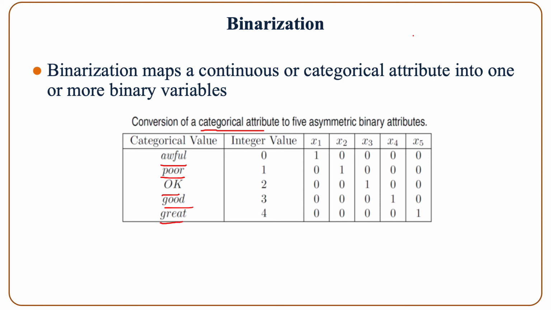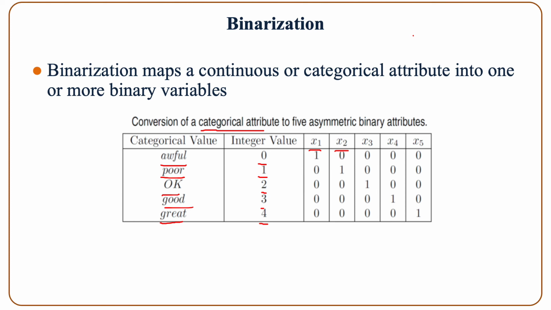We give each of them a value starting from 0, 1, 2, 3 up to 4, and then in one of each column from h1 to h5.